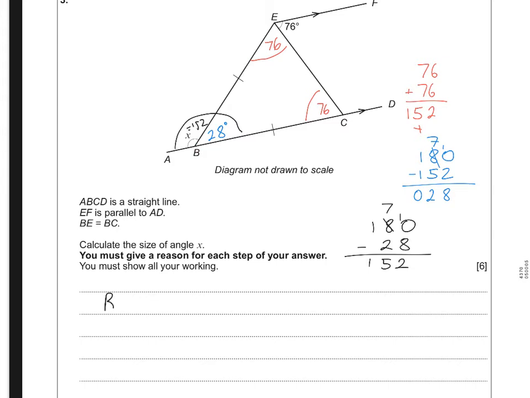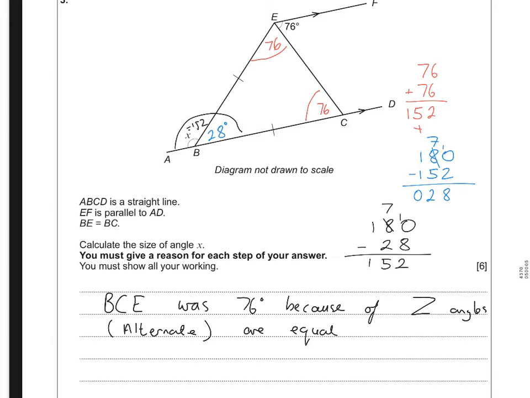So I'm going to say BCE was 76 degrees because of Z angles, but I'm going to put its proper name in, okay? And so when I see Z, I think A to Z, and that helps me remember that its alternate angles, okay, are equal.